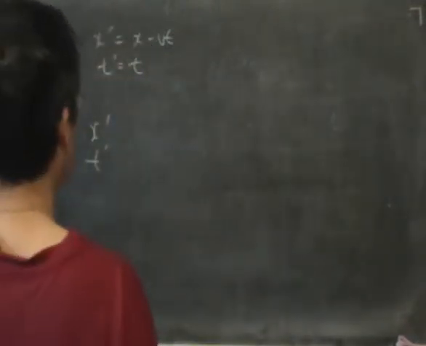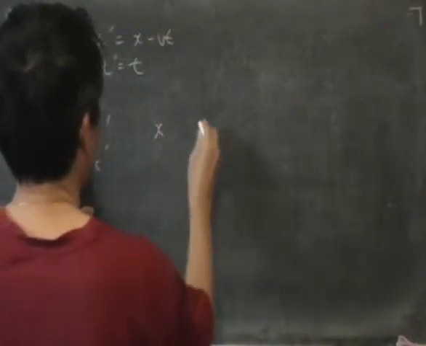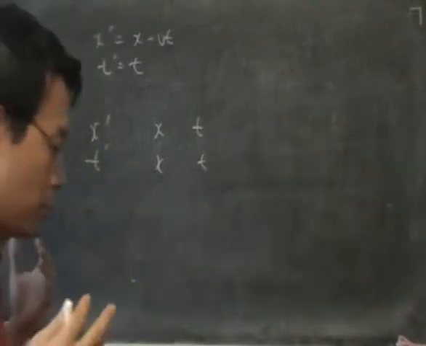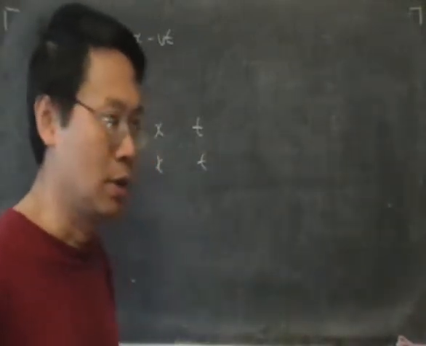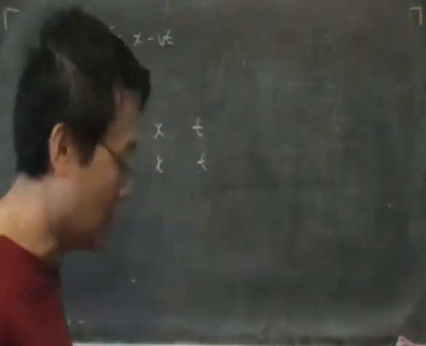So first of all, we will say that in one frame of reference, we would measure that the position and time of some event is x and t.